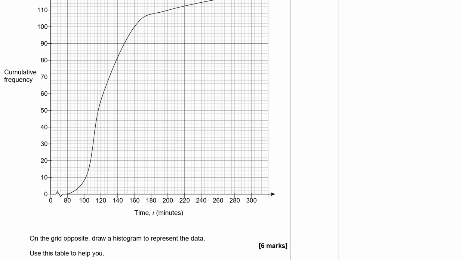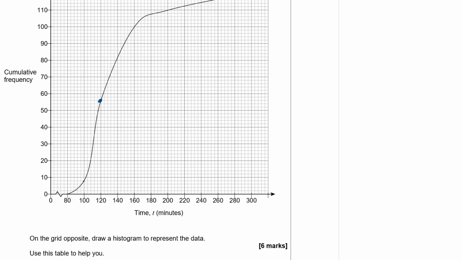Okay, so coming back to the diagram. So time under 100 is going to be this point here. So that's 8. Time under 120 is this point here, which I read to be 56.